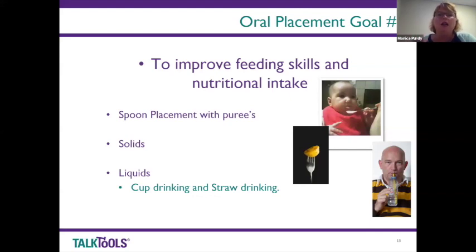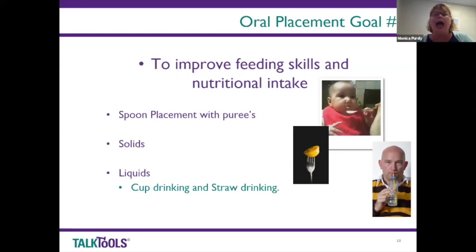They may look like they're chewing, and you see that they're mashing the food with their tongue, or they're dumping it with their tongue. So all of those things are going to affect speech. If I can correct them and get them using those muscles appropriately, that is going to play a role in the intelligibility of their speech.